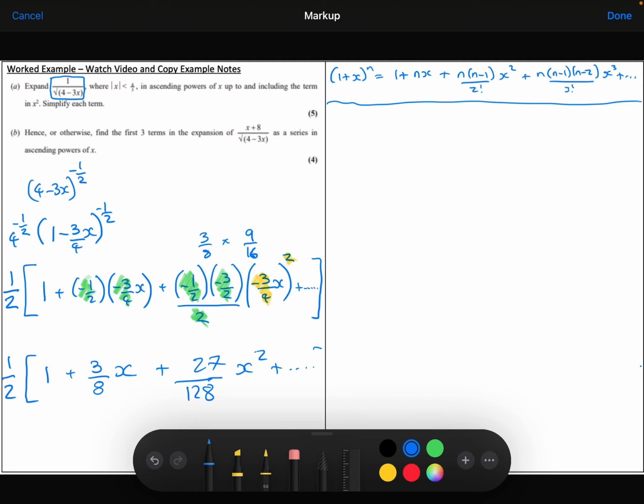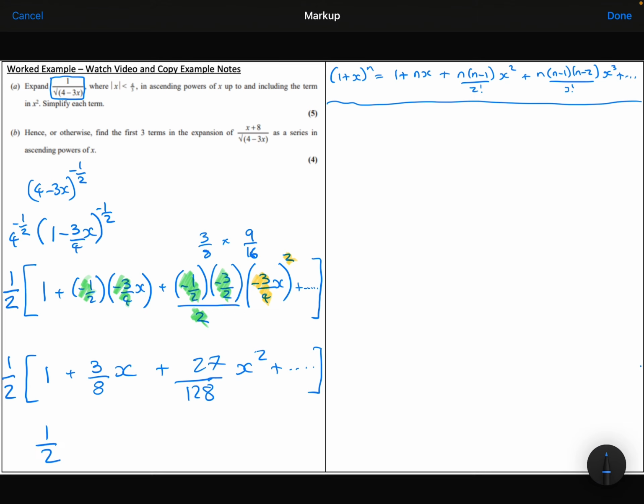Finally, all I need to do is deal with that 1/2 on the outside. So I'm going to half each of those terms, and I'll get 1/2 plus 3 over 16x plus 27 over 256x squared. And that's my answer to part A.